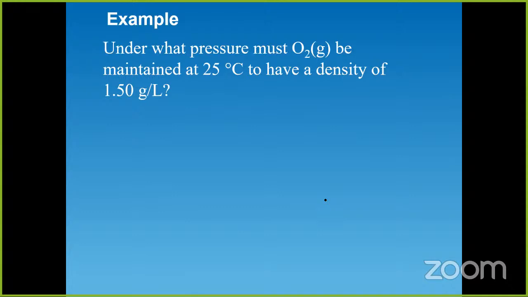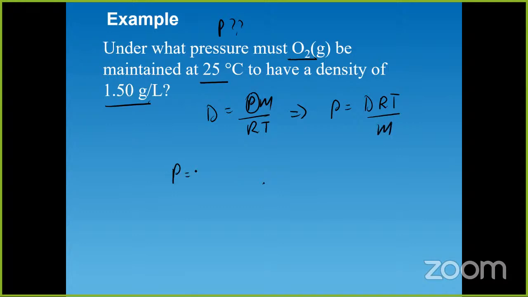This question says, under what pressure must oxygen be maintained at 25 degrees Celsius to have a density of 1.50 grams per liter? So this question is asking for P. I would use the same formula, but rearrange it to solve for P, so P equals D times R times T divided by M. P would be the density, 1.50 grams per liter, times R, 0.0821 liter atmospheres over mole Kelvin, times T, again 298 Kelvin, divided by the molar mass.